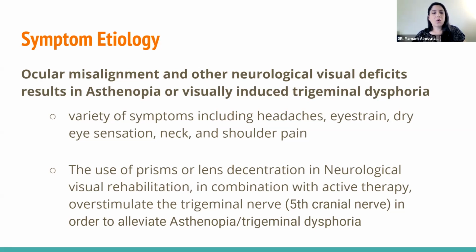And so we first start by using prisms or lenses to decentration in vision therapy, and we combine it with active vision therapy to overstimulate the trigeminal nerve and alleviate those symptoms of asthenopia.